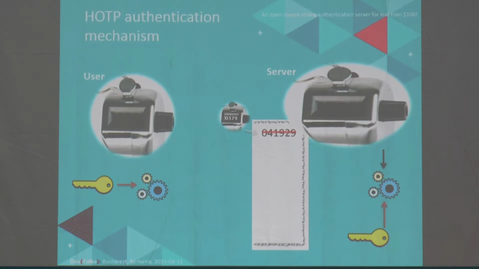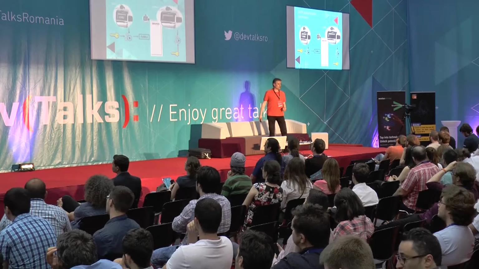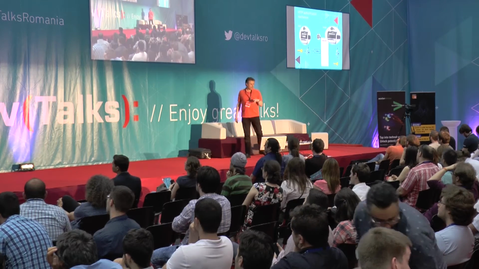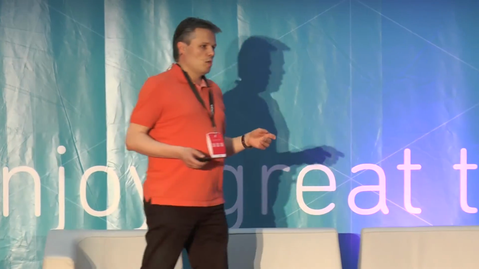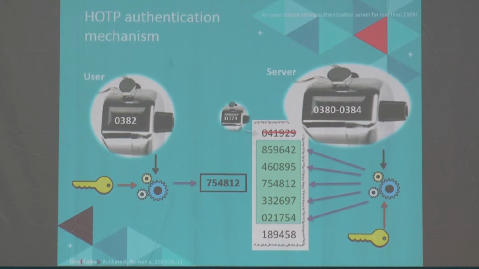You have your counter in your pocket, and you press once. Okay, you have 382, and the system calculates the hash, and you see you have 754812, which is your code. On the server side, it calculates a few codes, because perhaps you have a boy at home and he just plays with your token a lot of the time, and you are a little bit out of scope.